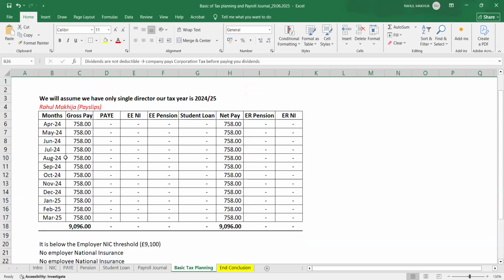So here I have taken an example of my own payslips, Rahul Makija, for the tax year 2024-25, from April 2024 to March 2025. For a whole month, I have been withdrawing £758 monthly, which totals £9,096.